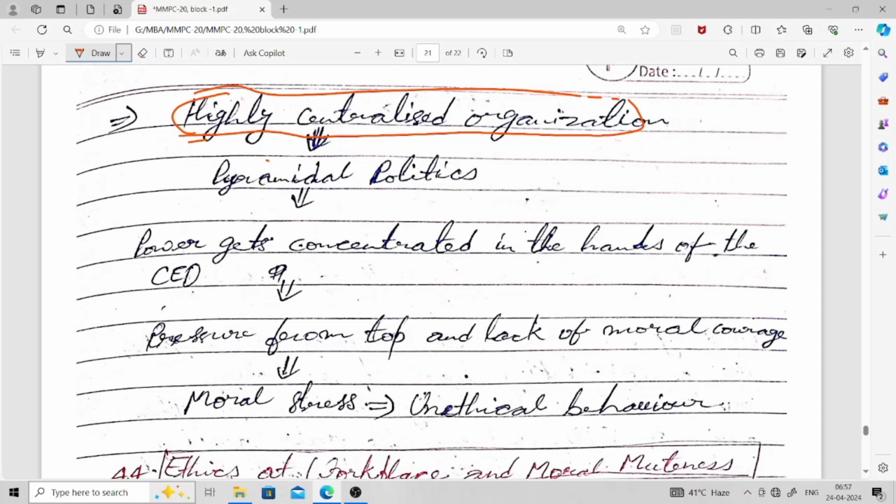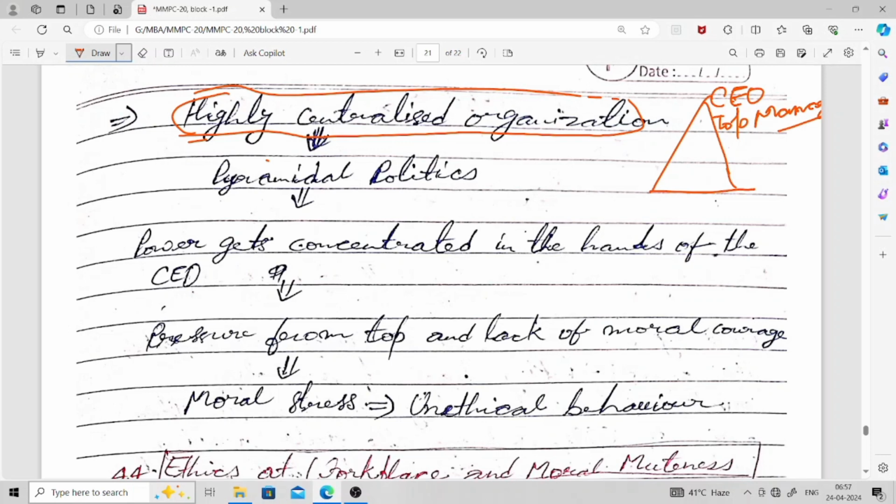At the top you have the CEO, then the top management, then middle level management, then lower level management, then supervisors, then workers. So there is the possibility of pyramidal politics in a highly centralized organization.